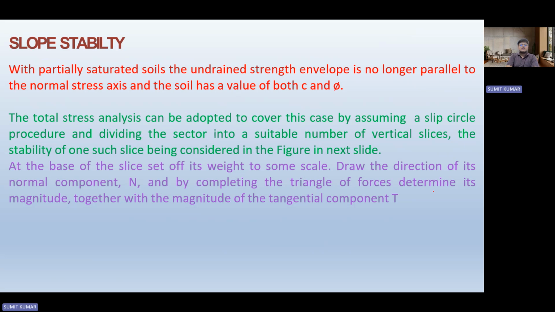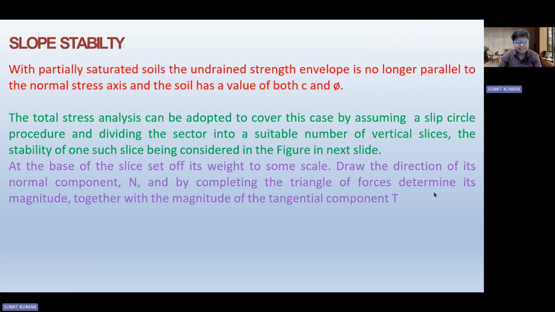Then the total stress analysis can be adopted, by assuming a slip circle and dividing the sector into a suitable number of vertical slices. The stability of one such slice is considered in the figure given ahead.